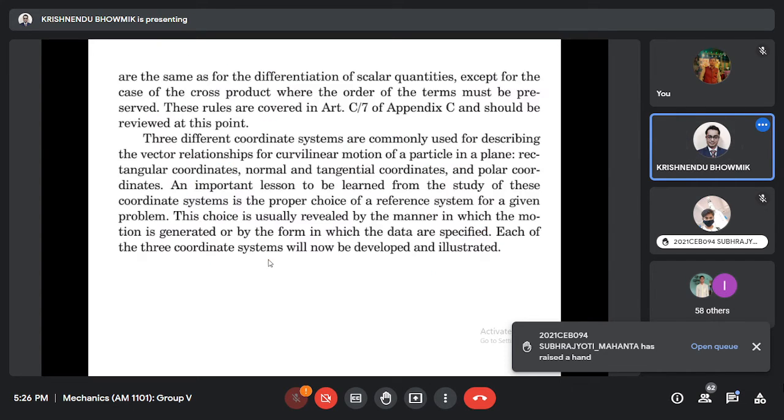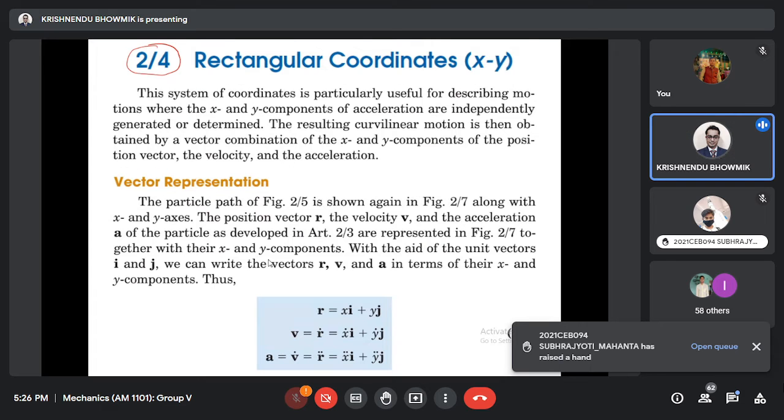That's all. Now, consider, as I told, some rectangular coordinates. In the rectangular coordinate 2D case, the position vector we can write as r equal to xi plus yj, or v equal to r dot, and acceleration v dot. So this is component wise.